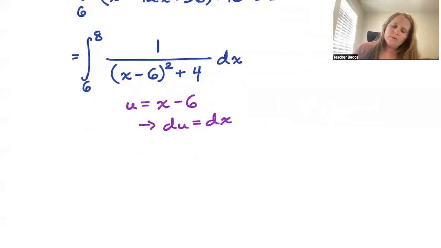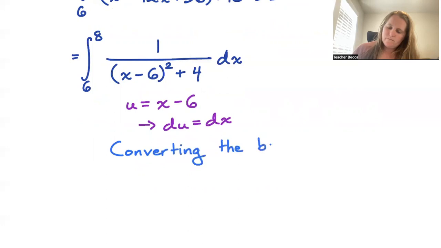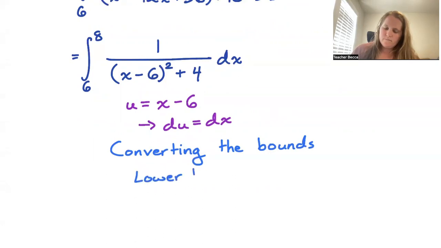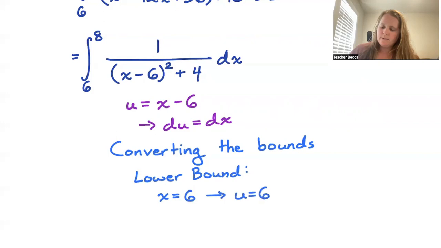Converting our bounds, we have our lower bound of x equals 6, which would correspond to u equals 6 minus 6, or 0.